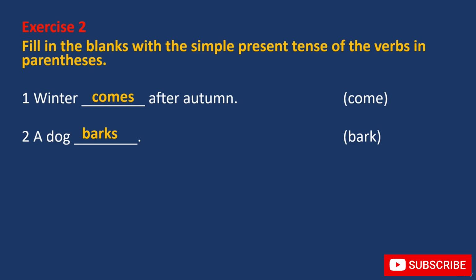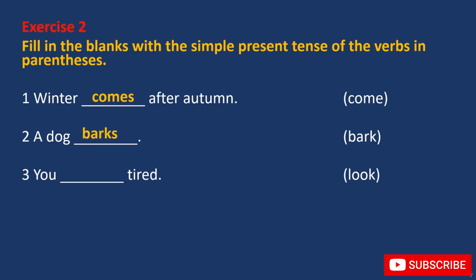Tom and Jane play, but he plays, she plays, it plays, Tom plays. So after he or she or it or the name of just one person or something, I add s after the verb. Take care of this point.